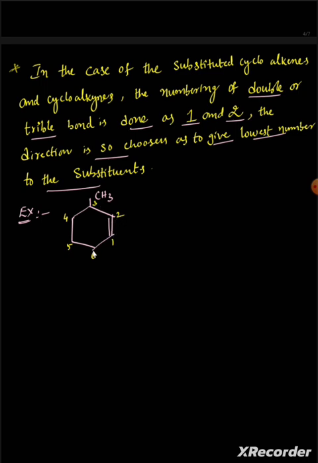Suppose 1 2 3 4 5 6 coming from this side. Now 1 2 3. Okay, 3 methyl cyclohexene. Okay, see another example.